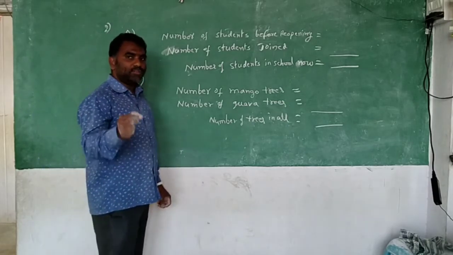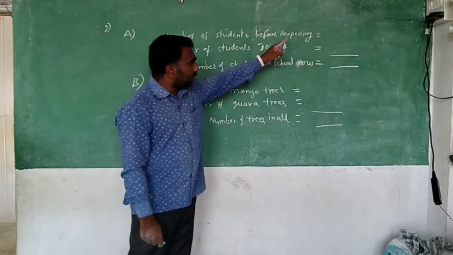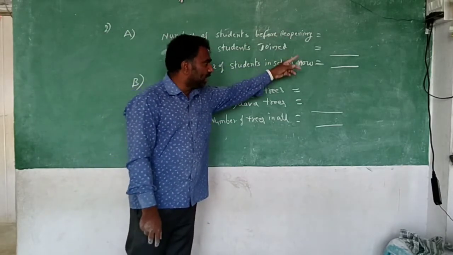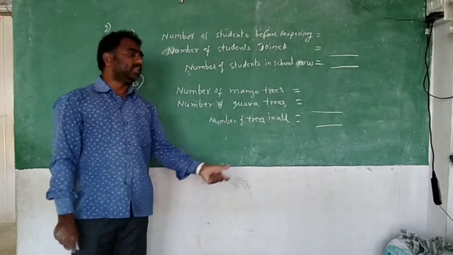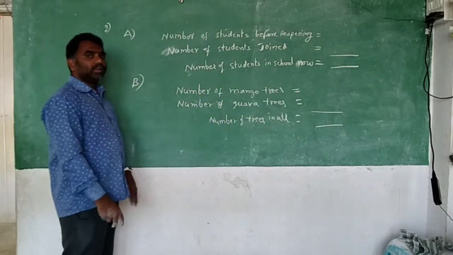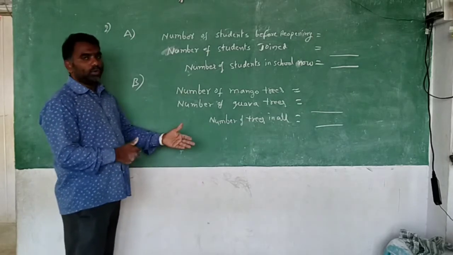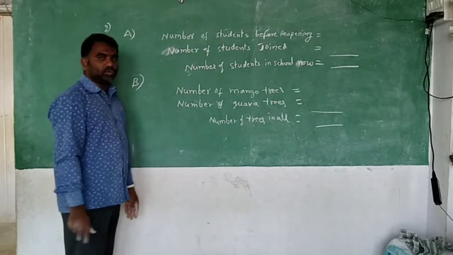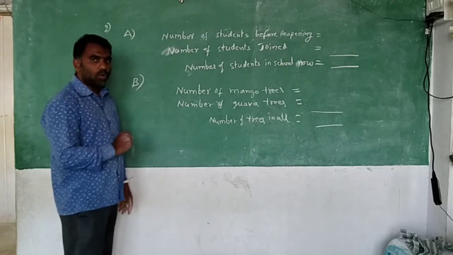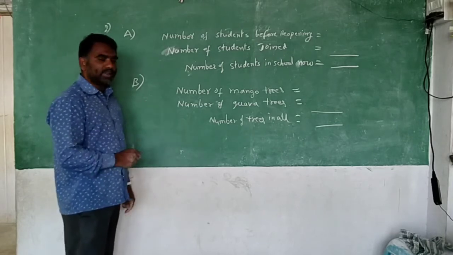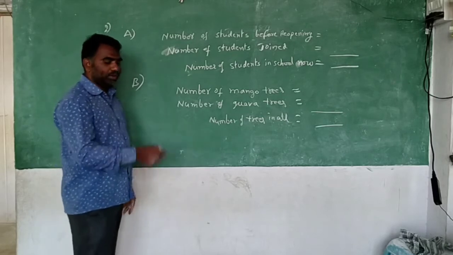If time is there, write the numbers also, do the calculation, and find the answer also. After completing these 2 questions, we will continue the video. Then I will explain the remaining 3 also. Okay? Pause the video, write down and solve the answers. Then continue the video.